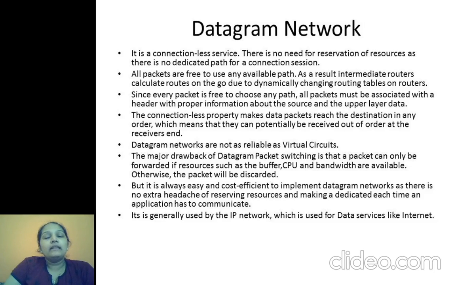So in the datagram network, we attach to each packet a header with the proper information about the receiver or destination. The connectionless property makes the data packets reach the destination in any order. Obviously, there is no proper circuitry, so data can move freely in the network.